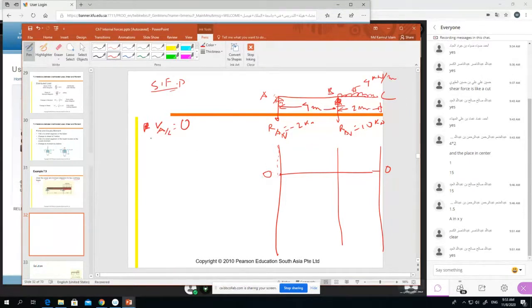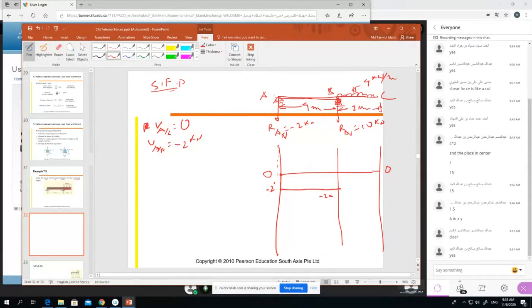A little bit to the right side, we have minus 2 kilonewton. From A to B, there is no other force, so we go horizontally.